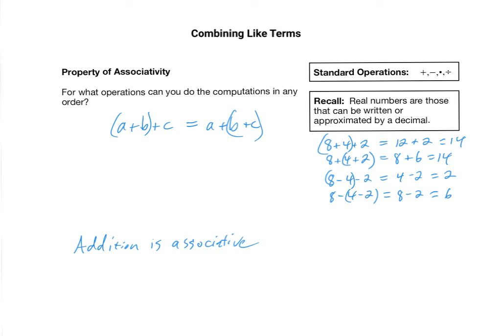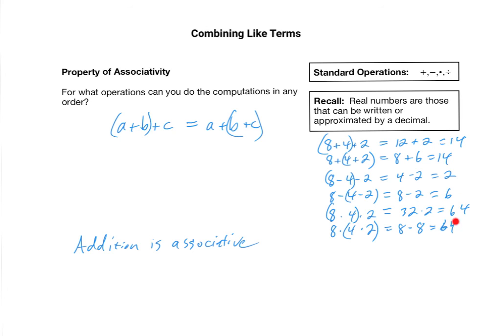Let's check to see if multiplication is. Using the same three numbers, we want to do 8 times 4 times 2, and we're going to do it twice. In the first one, we're going to do the 8 times 4 first, and in the second one, we're going to do the 4 times 2 first. 8 times 4 in the top gives us 32. 32 times 2 is equal to 64. In the bottom one, we do the 4 times 2 first here, and we've got 8 times the new 8, and 8 times 8 gives you 64.